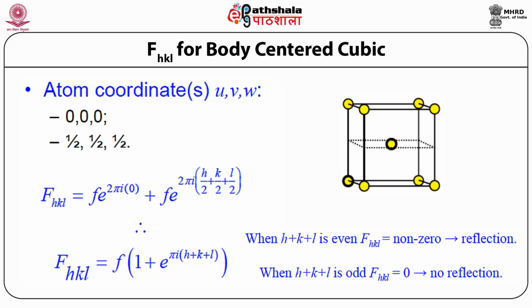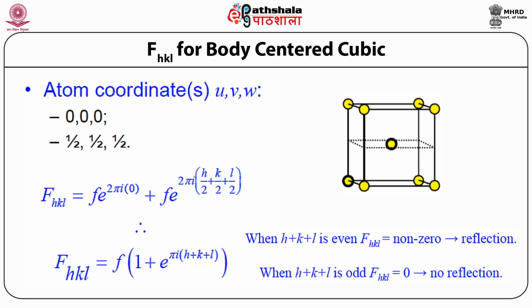This explains why, in the earlier X-ray diffraction pattern we have seen, the lattice planes exist but there is no corresponding X-ray diffraction peak for that family. It is because of this structure factor. From the structure factor we can understand how it becomes 0.